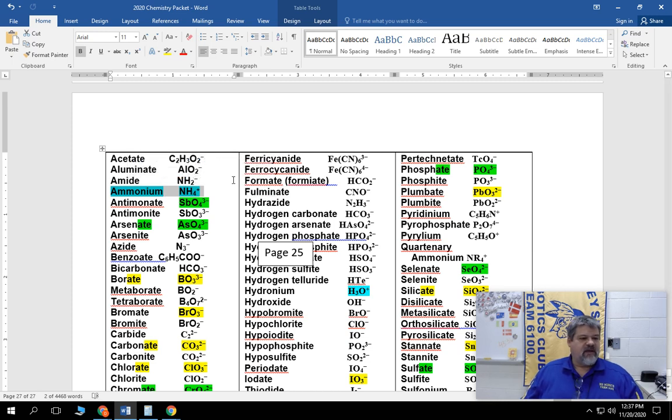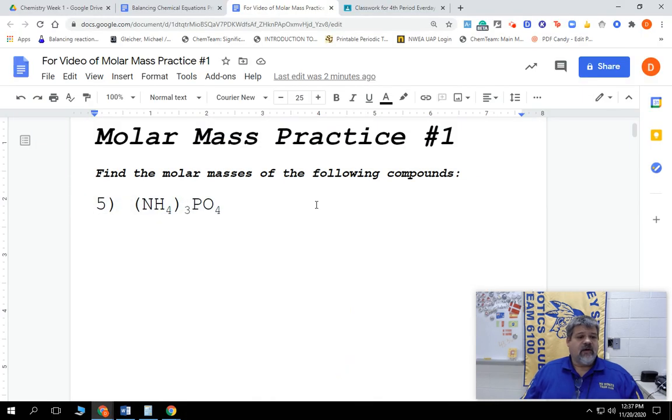Then you're going to do PO4. We're not worrying about how many of each one we have, we're just naming it. PO4 is right over here, so we're going to call it ammonium phosphate. So if I go back to this, we're going to write this down as ammonium phosphate. So there's our name.